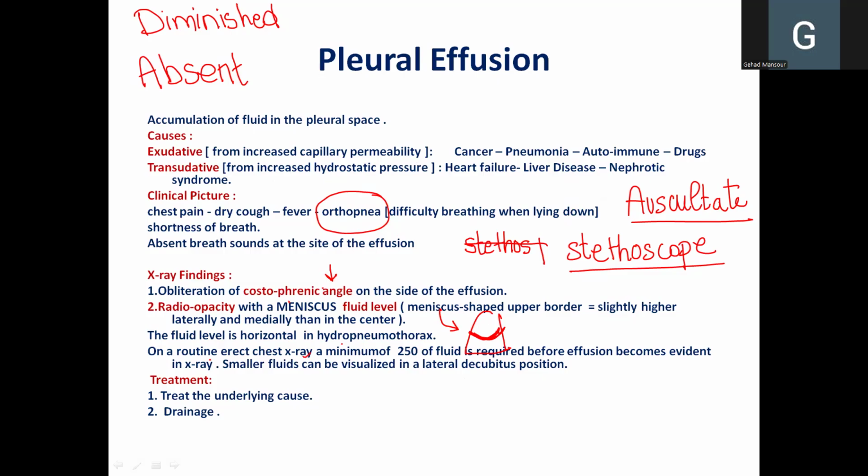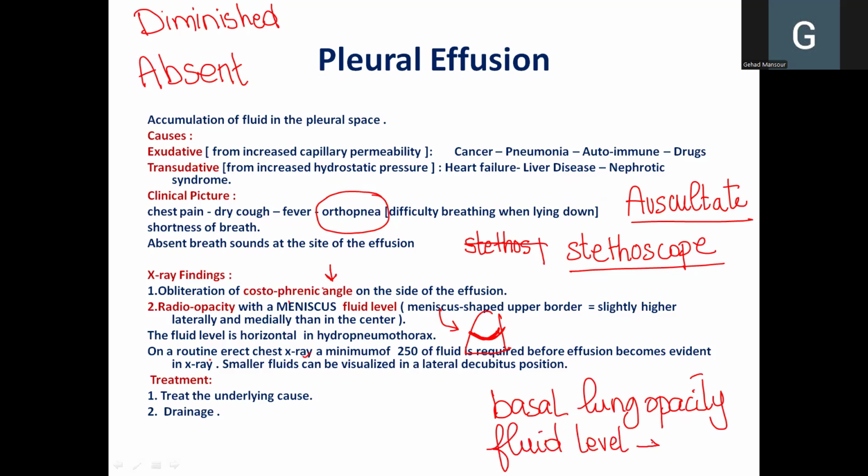So if you find a basal lung opacity with a clear defined fluid level, and if this fluid level is concave upwards and forms a meniscus, then we are talking about a pleural effusion.